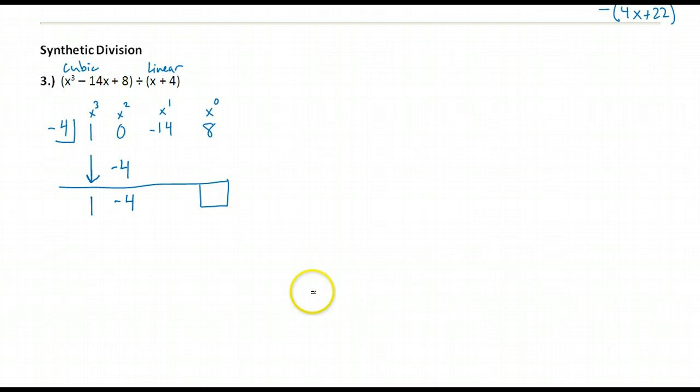Now I'm going to do the same thing. Negative 4 times this number. Negative 4 times negative 4 is positive 16. I'm going to write that answer here. Then I need to add negative 14 plus 16 gives me positive 2.